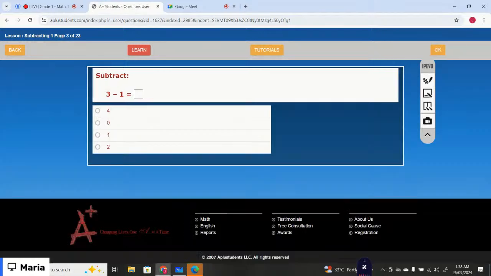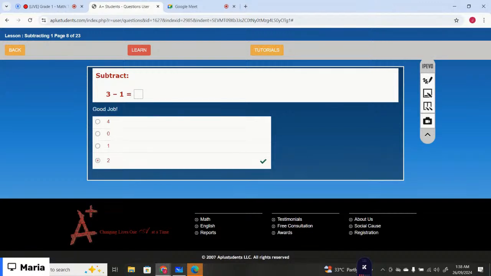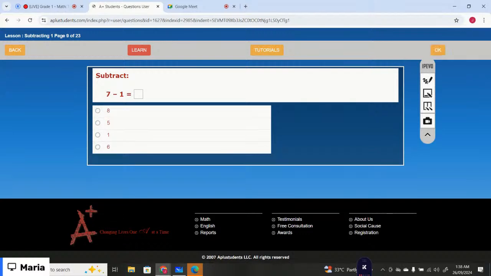The next one is 3 take away 1. So which is the correct option? That is 3 take away 1 equals 2. The last option is the correct option, right? 3 take away 1 is 2.